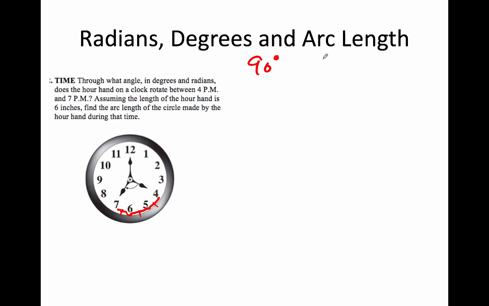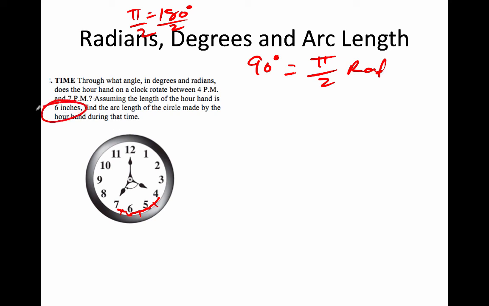So 3 hours is 90 degrees. And we could do dimensional analysis here, but if pi is 180 degrees, then 90 divided by 180 should be pi over 2 radians. So we can use those little quick tricks if we want to. You can also do times pi radians over 180 degrees.